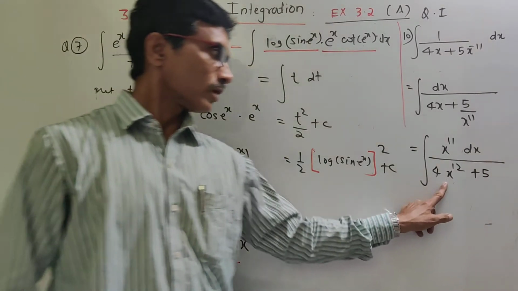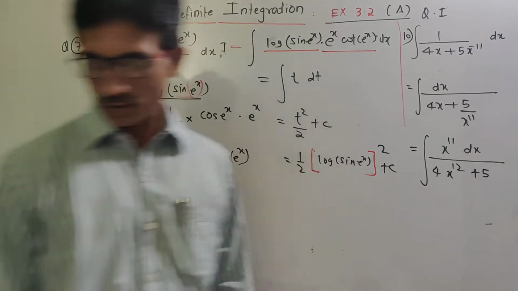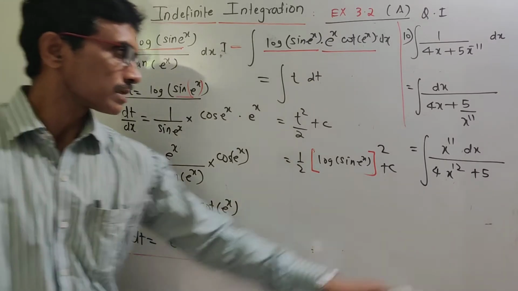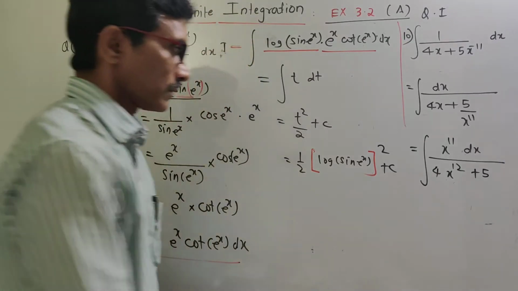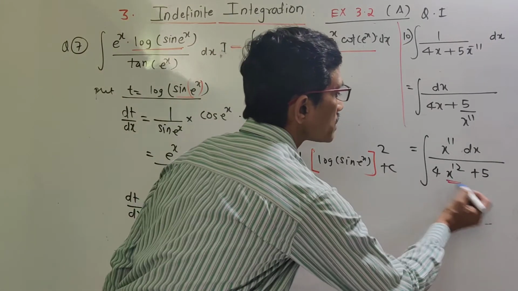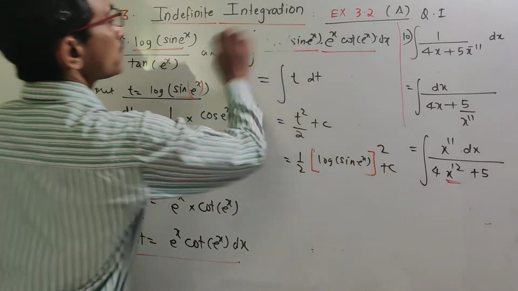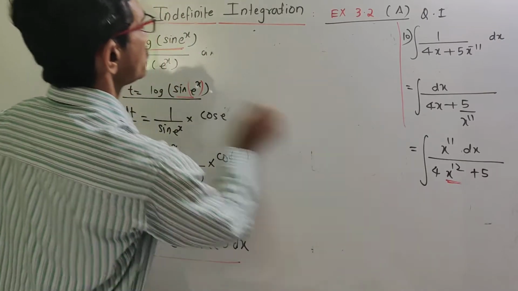Therefore we can substitute the whole denominator as t, or only x to the power 12 as t. It is up to us, the answer will be the same in both cases.